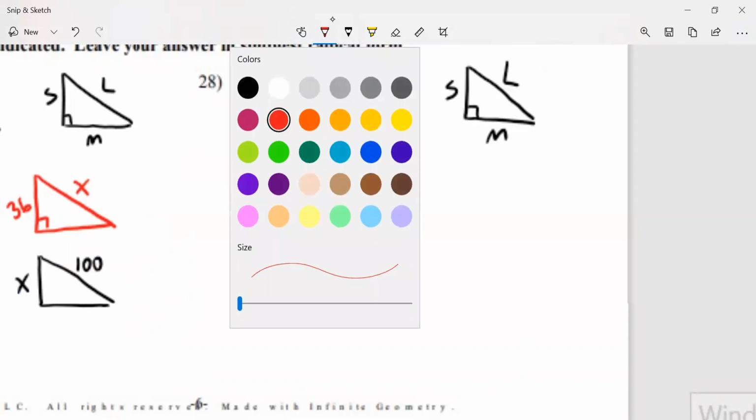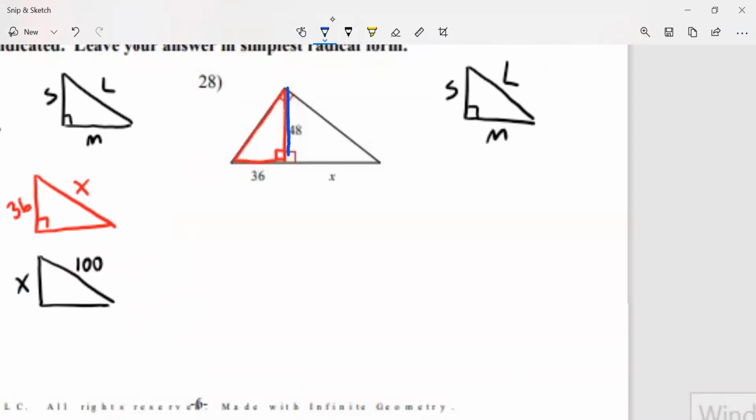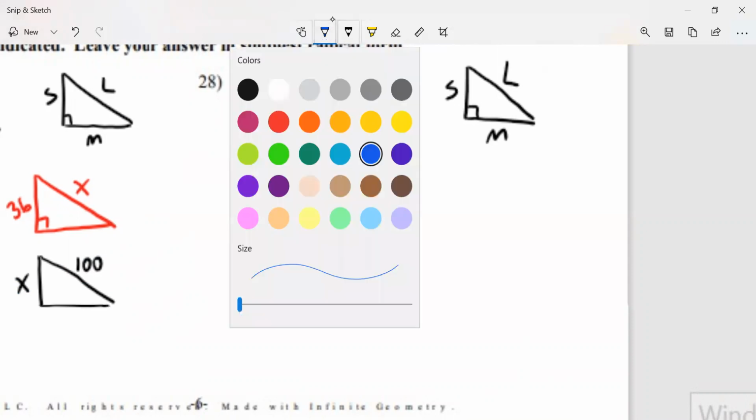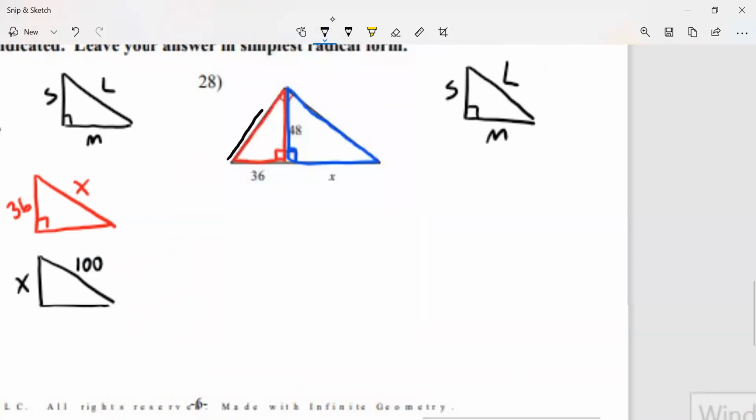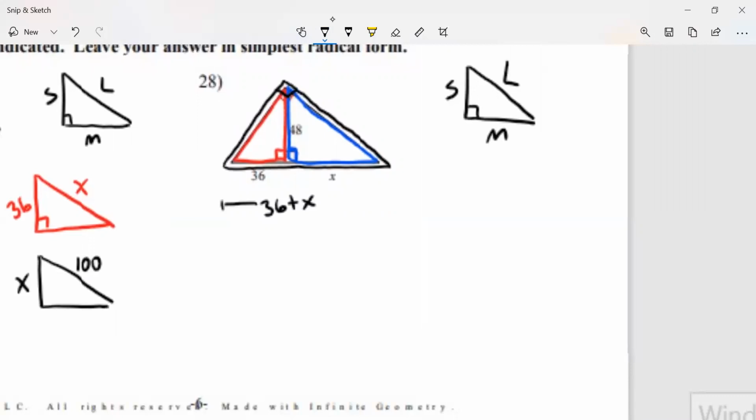There's a blue triangle, and this is my 90 degrees from the blue triangle. And there is a black triangle, and there's my 90 degrees for the black triangle. Interesting though, this whole side of the black triangle is 36 plus x. Notice how 36 and x combined is 36 plus x.